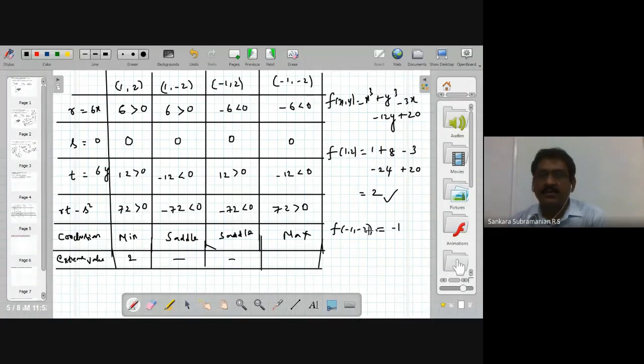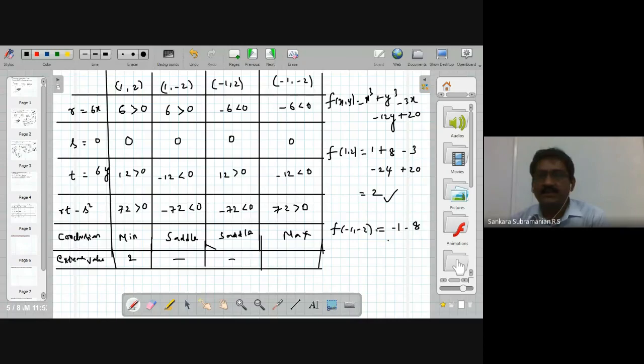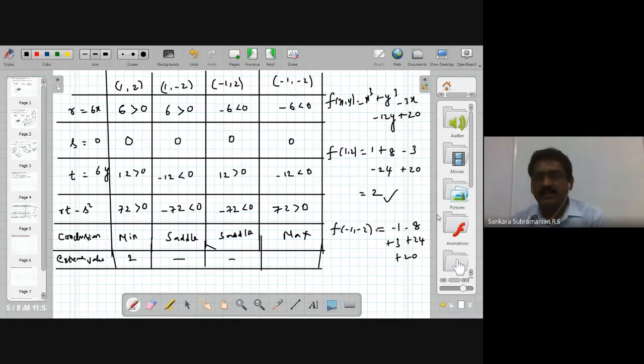Minus 2 the whole cube is minus 8. And this is plus 3, and this is plus 24, and this is plus 20. So, 38. How much do you get? 38. So this is the tabulation column.